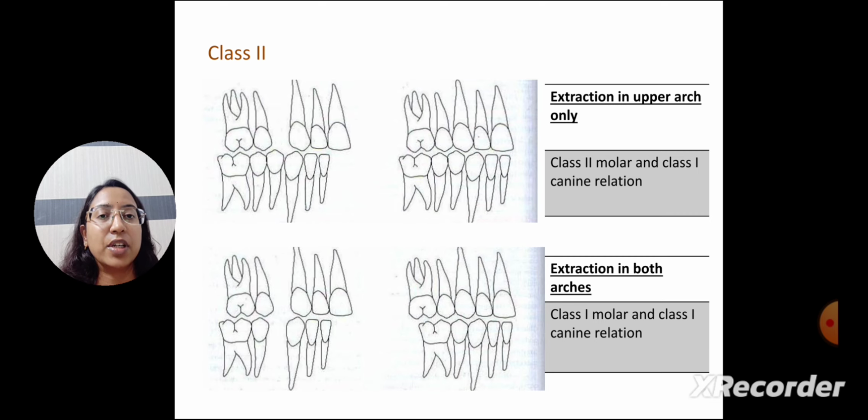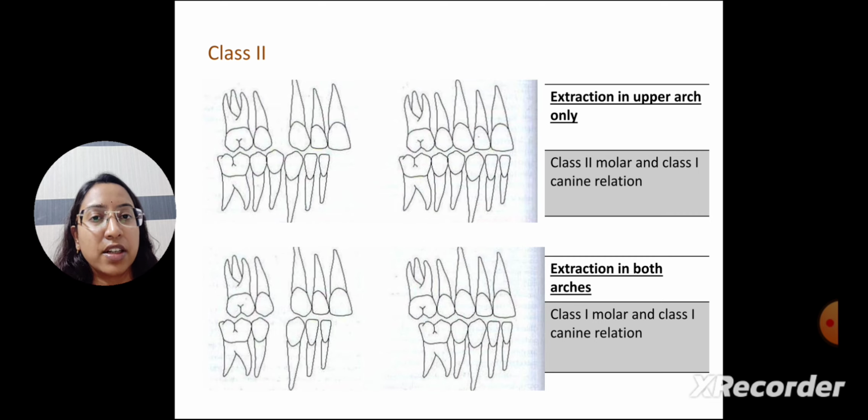But sometimes there can be crowding in the lower arch also, which needs some space. And the molar may not be a full cusp class 2, it will be a half cusp class 2. So in that case, we need to even move the molar. So in such situations, we can extract in both upper and lower arches.